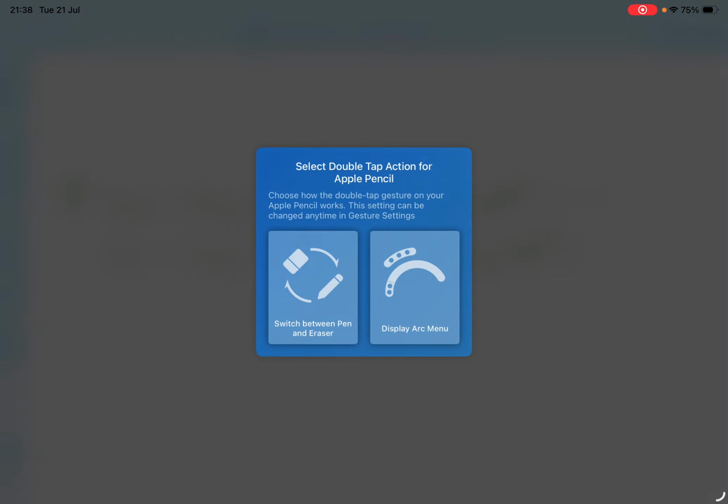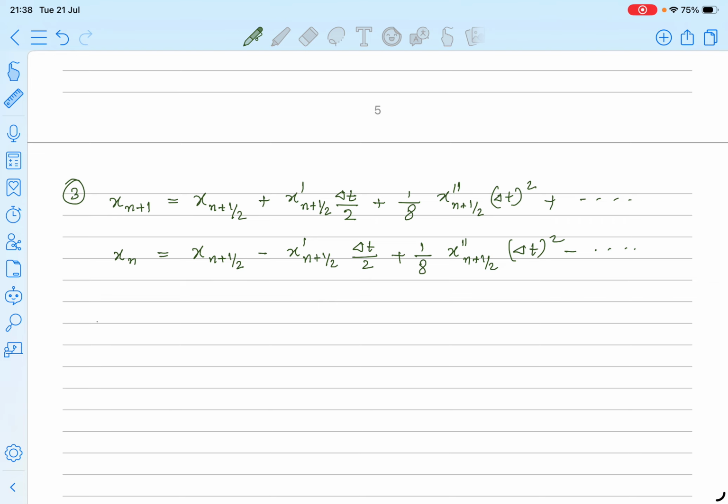Now what I will do is subtract these. So this term got cancelled, and here I am getting x dash at n plus half times delta t, and again this got cancelled, and after that we get a delta t cubed order term, right?